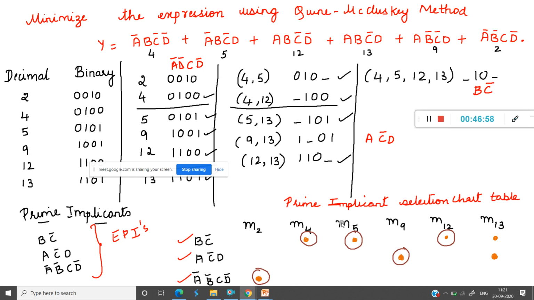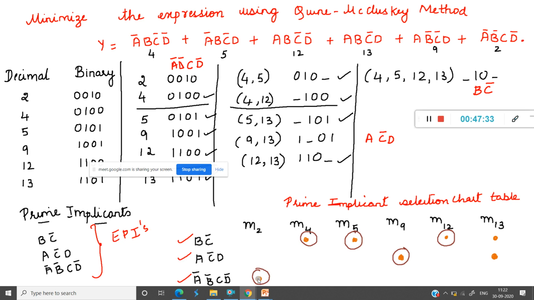What is this known as? This is known as the prime implicant selection chart table. List all the prime implicants and put dots where they cover minterms. Next, check where a single dot is there.